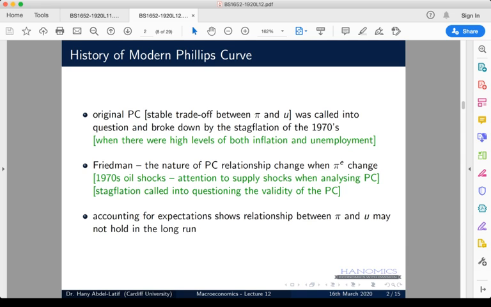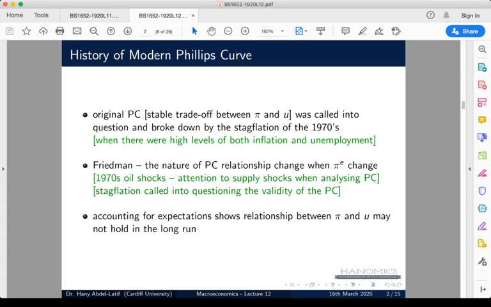So it seems that the inverse or negative relationship between inflation rate and unemployment rate broke down, because it no longer exists. Milton Friedman explained that, and he said that the nature of the Phillips curve relationship would change if we start thinking about expectations.